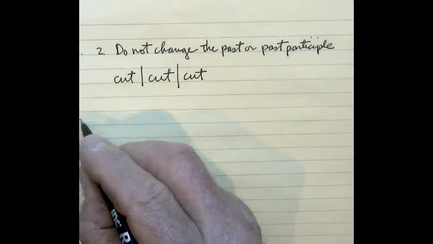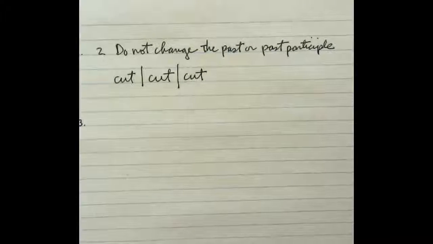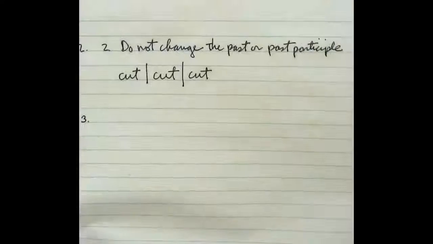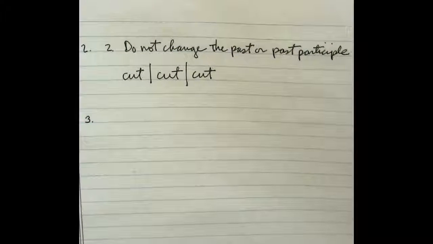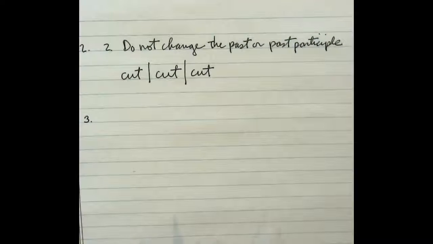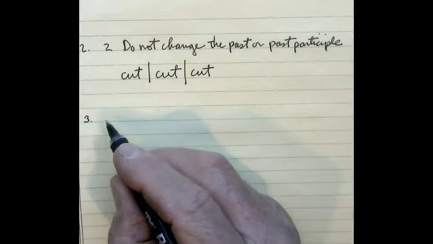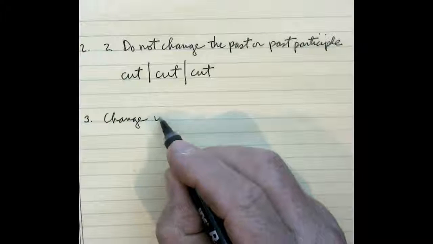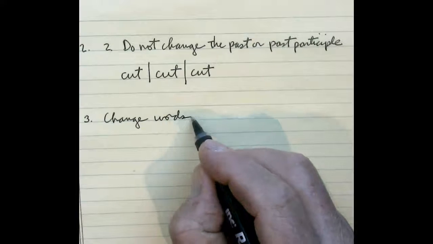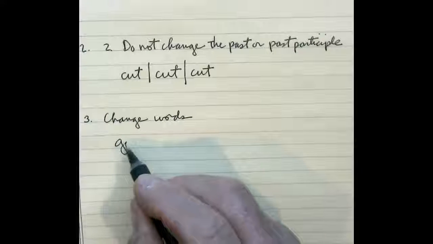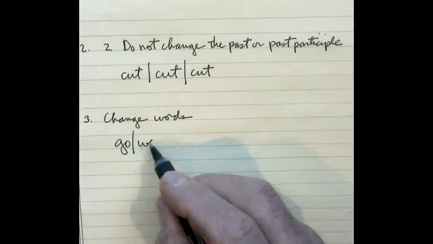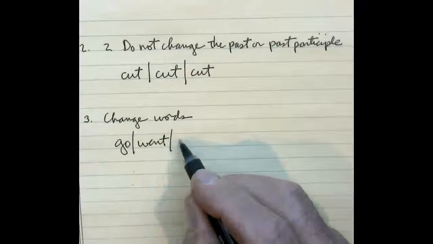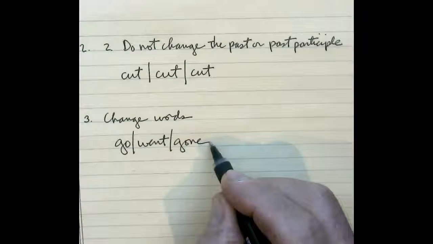Now, there's another way that verb forms can show past and past participle forms, and that is they actually change words. Go, went, gone.